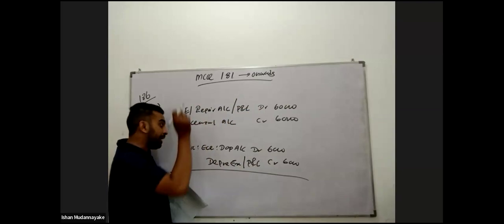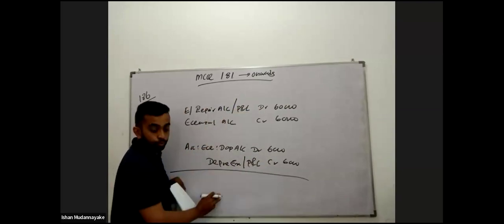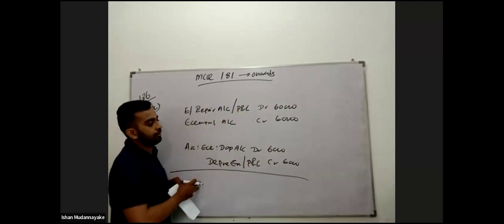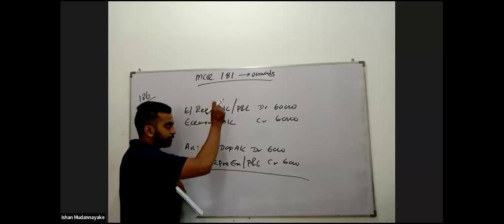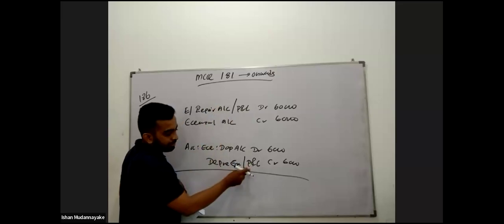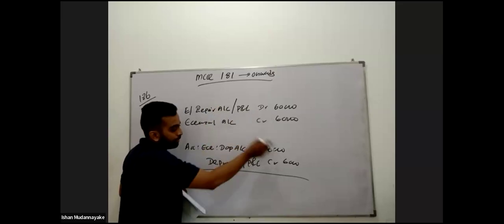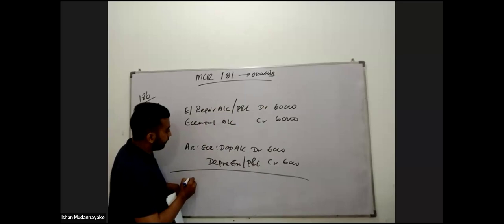Here P&L debit, here P&L credit. You can record the net effect to the profit and loss in the general journal. Net double entry: profit and loss debit 60,000, profit and loss credit 6,000. Then the net amount is how much? 54,000.